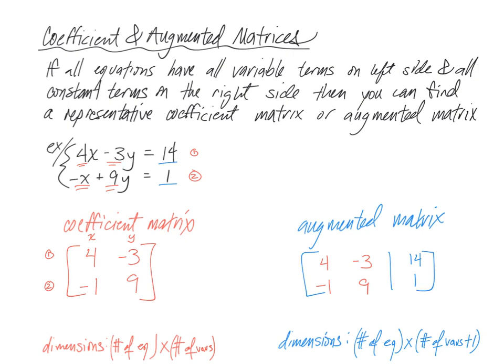And in an augmented matrix, the number of rows is still the number of equations you have in your system, but the number of columns is the number of variables you have, plus one more for the constants. Now that you have some idea as to what augmented matrices are, let's take a look at Gauss-Jordan elimination and the basic idea behind it.